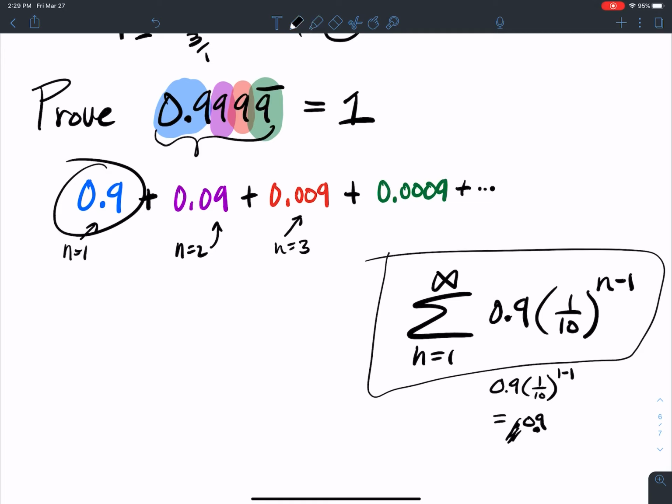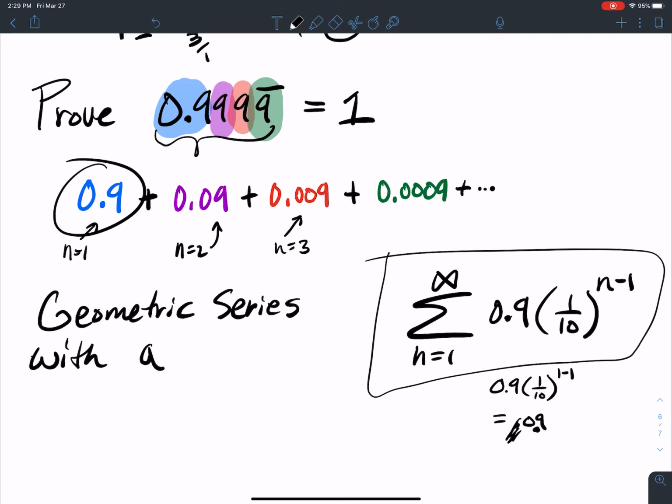So now that we have this, we can do geometric. This is a geometric series with a equal to, so when you're writing this out on your test, I'm going to be looking for you to say a equals to, tell me what type of series it is.